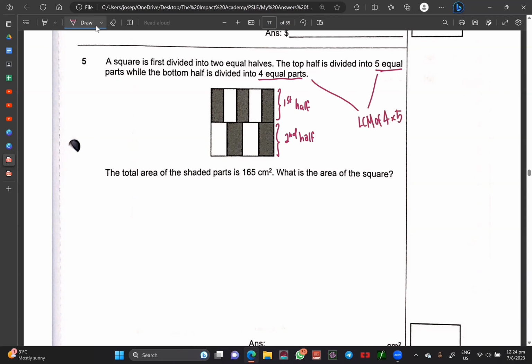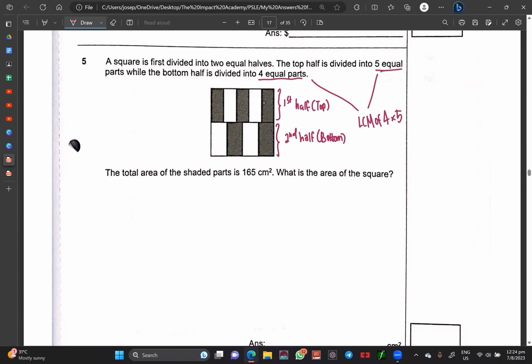Okay, so here's what I'm going to do. The reason why I'm doing that is simply because I want to make the first half, I will call this the top half, and the bottom half to be the same. In any questions that require us to find the measurements, the area, or the perimeter, we try to make them the same first.